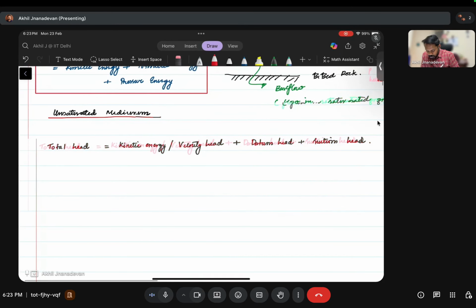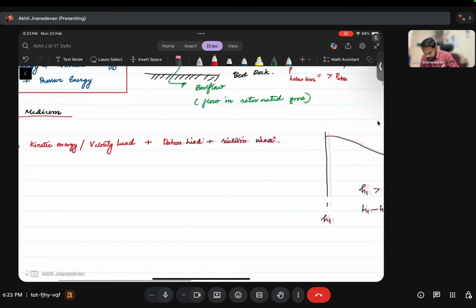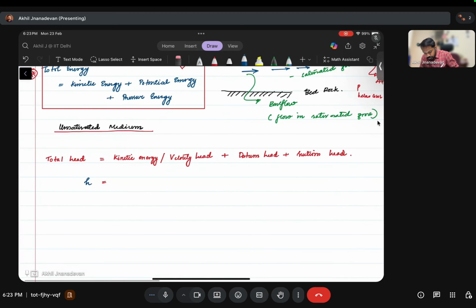Mathematically, we can write the total head as capital H, or small h, equal to v square by 2g, which is the velocity head, plus z, the datum head, plus psi, the suction head. The psi is used to represent suction head. And since the velocity is low, we can eliminate the velocity term.